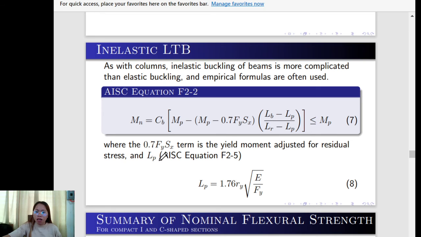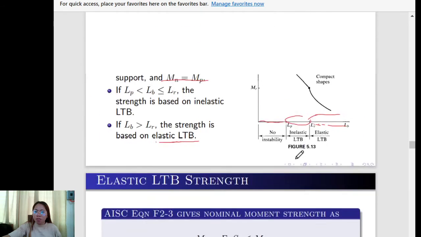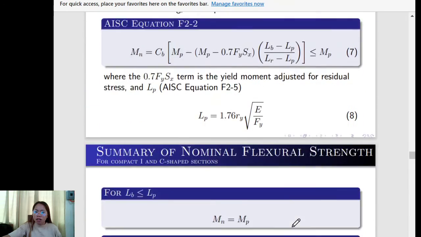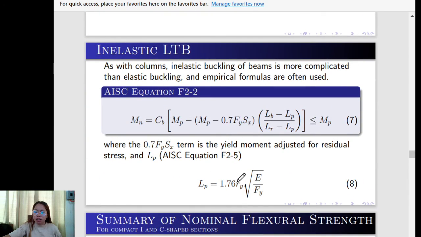And L sub p from AISC equation F2-5 is equal to, so this L sub p here, the boundary between no instability and inelastic lateral torsional buckling, is equal to 1.76 times r sub y times the square root of E over Fy.